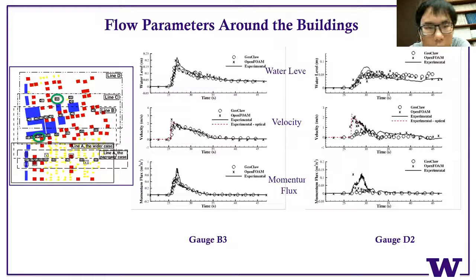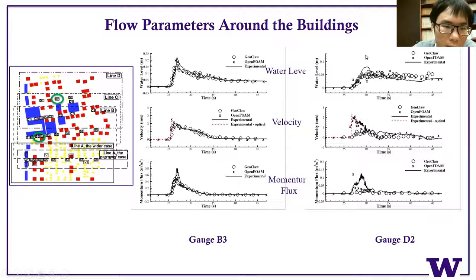And at location D2, especially for the prediction of velocity, you can see the 2D model is quite bad at predicting velocities.